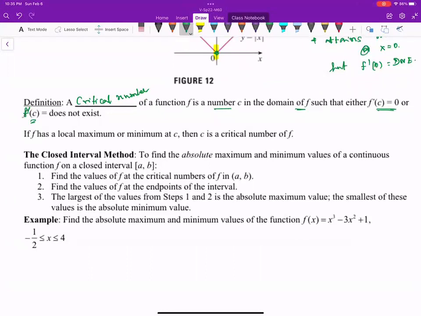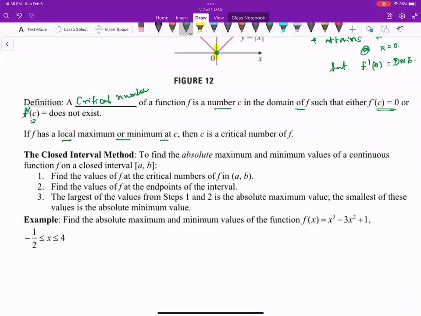So let's combine this concept with what we did in Fermat's theorem. If f has a local maximum or minimum at c, then if the derivative exists, it will be equal to 0.